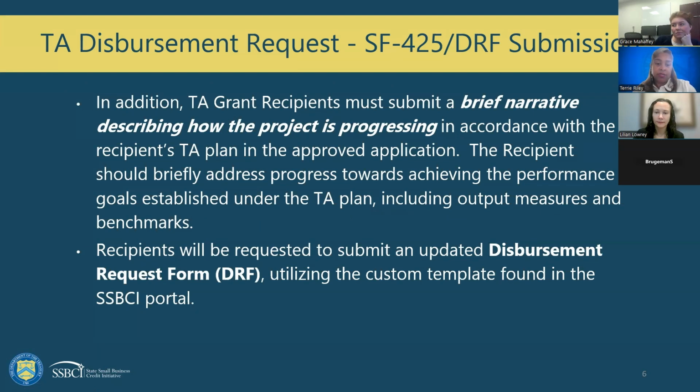We'll be looking at that and also at your spend rate. We're looking at how you are progressing towards the accomplishment of those goals, and how quickly, or the lack of progress or progress, you're making on your project plan as well.